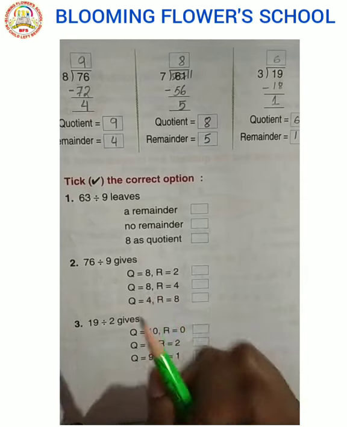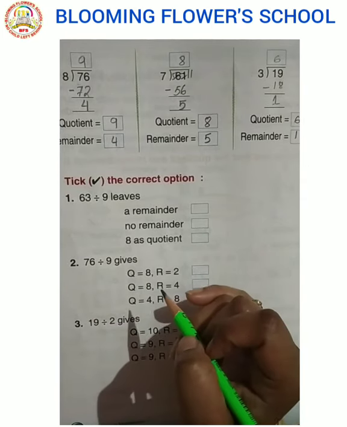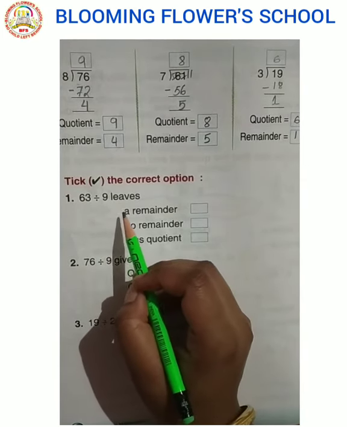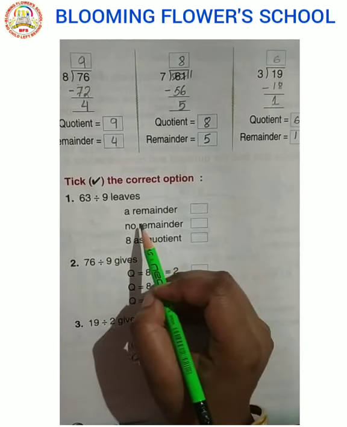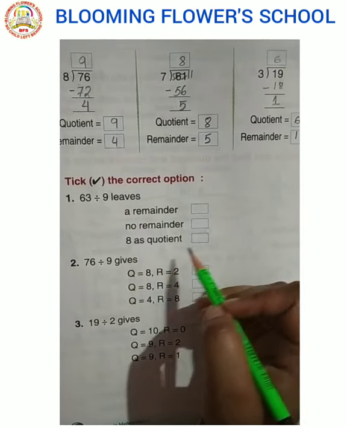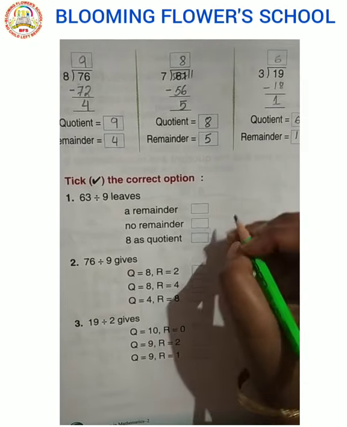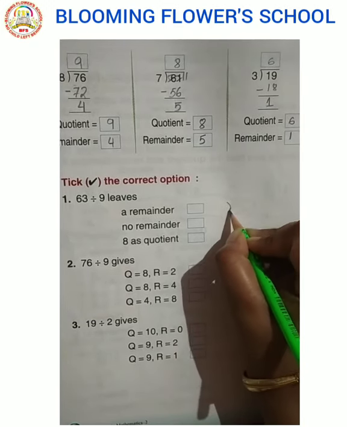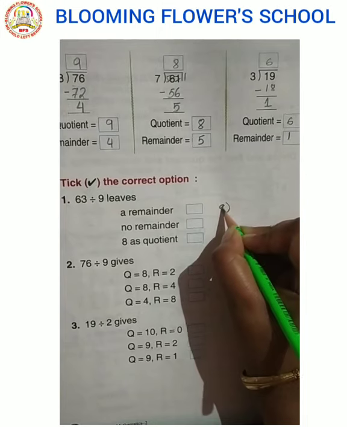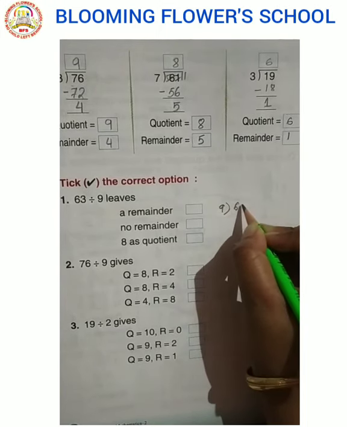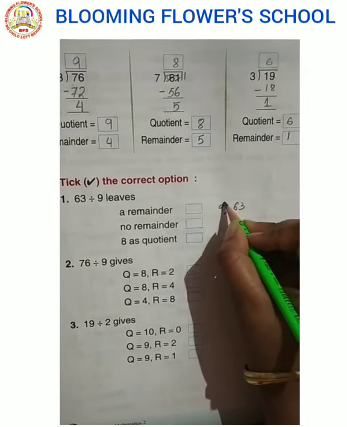Now children, here we tick the correct answer. 63 divided by 9 leaves a remainder, no remainder, or 8 as a quotient. What should I do? We need to do the division here. So we understand 63 is the dividend, 9 is the divisor.